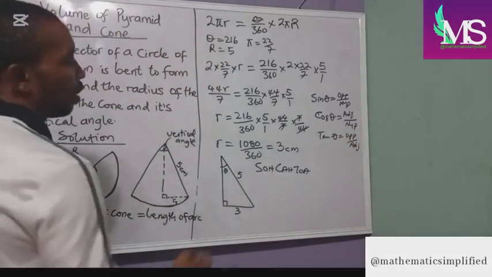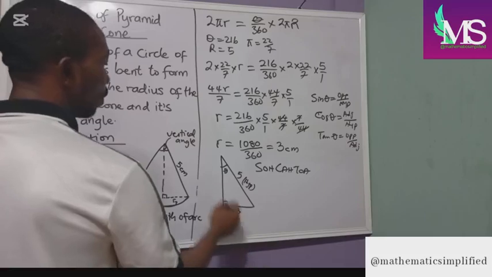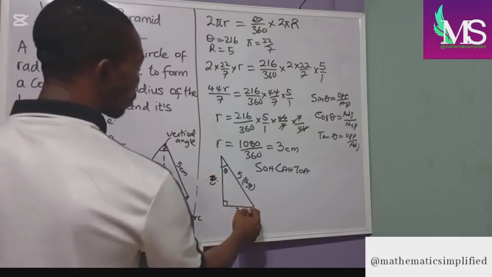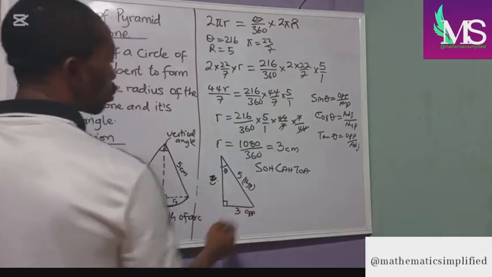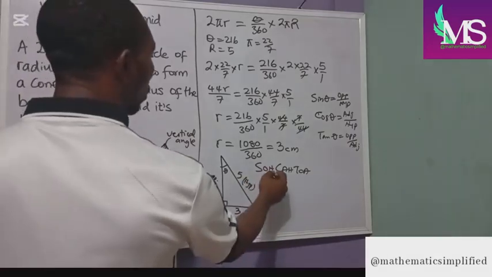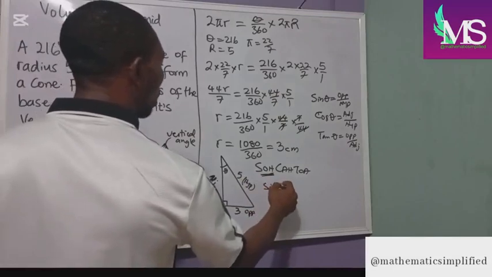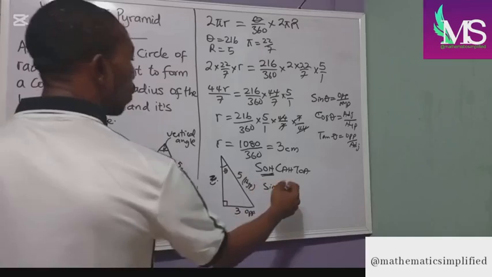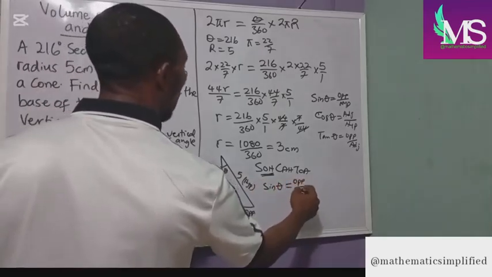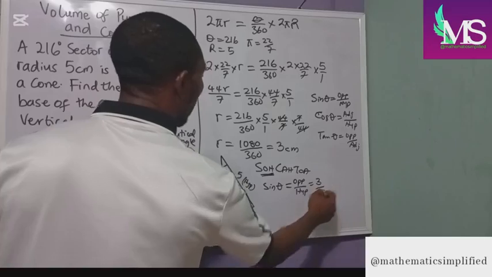Here this is our hypotenuse for this triangle, this is our adjacent, and this is our opposite. So we have our opposite and we have our hypotenuse, so we are going to use sine. Sine theta, which we are looking for, equals opposite over hypotenuse, which will give us 3/5.